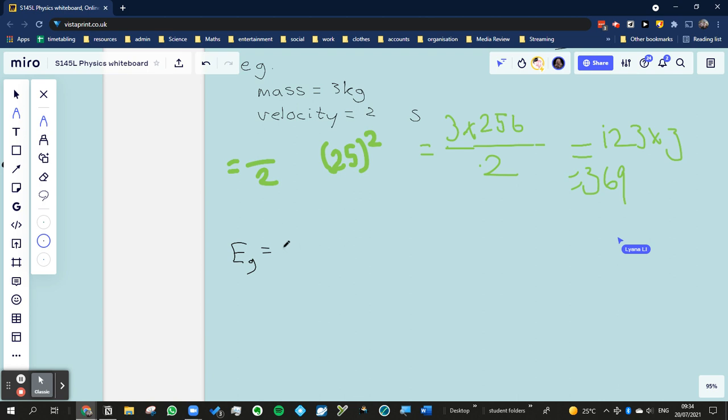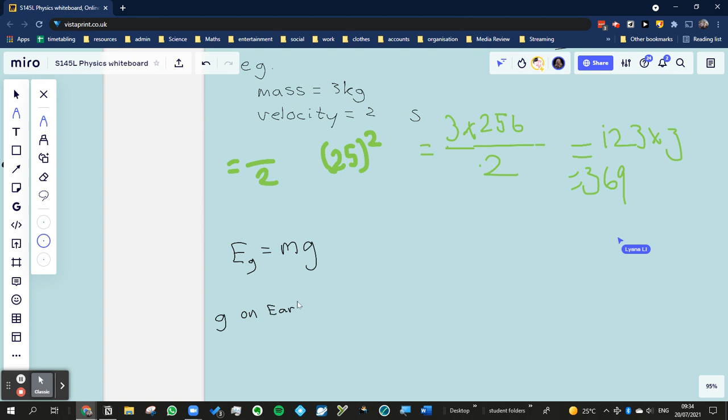And this time it's going to be equal to the mass times the strength of gravity. Different planets have different gravity. On Earth, have you heard about this?